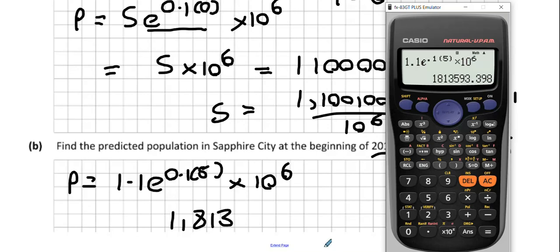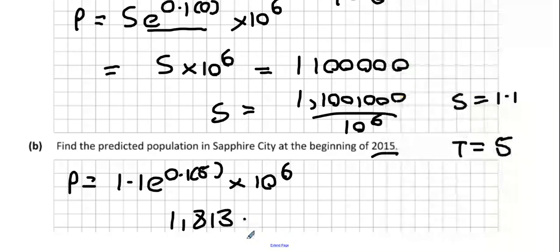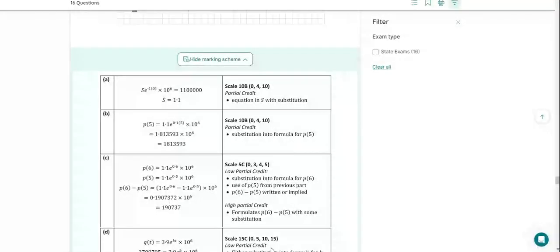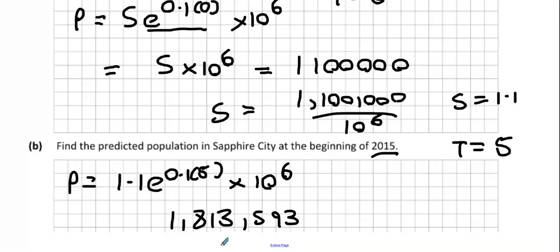The population is getting bigger, right? Yeah, I say so. It wants it rounded down to the lower. That was worth 10 marks as well. You're on 20 out of 55 now. You've nearly passed the question. We all good?